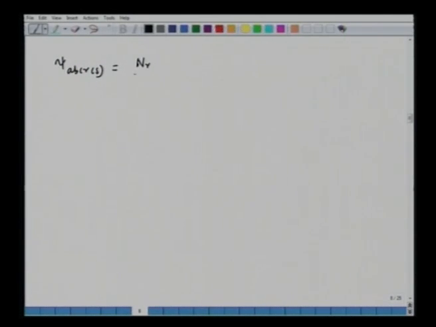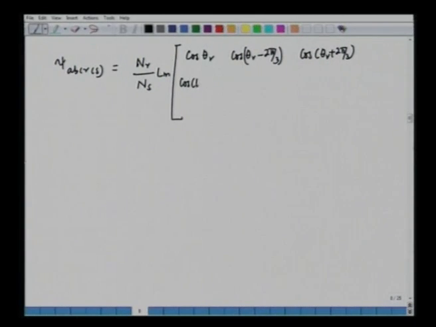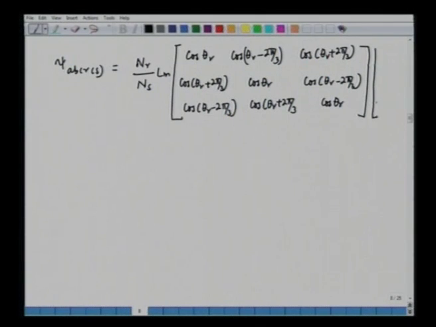So, this matrix will have the following expression: cos theta r, cos of theta r minus 2 pi by 3, cos of theta r plus 2 pi by 3; cos of theta r plus 2 pi by 3, cos theta r, cos of theta r minus 2 pi by 3; cos of theta r minus 2 pi by 3, cos of theta r plus 2 pi by 3, cos theta r. This is multiplied by IAS, IBS and ICS.